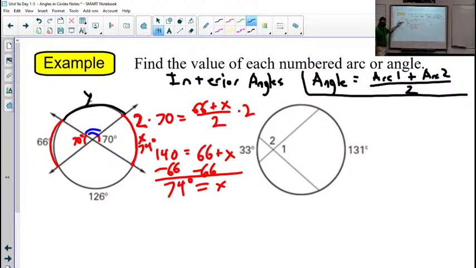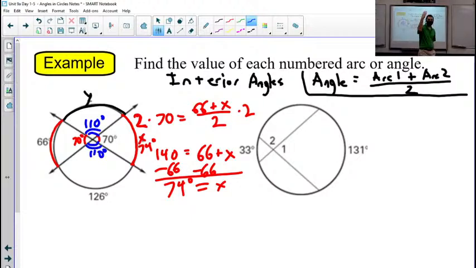They're a linear pair. So if this is 70, it should combine to make a straight line which measures 180 degrees. So if this is 70, this would be 110. And then this would be 110 as well, by the same reasoning.